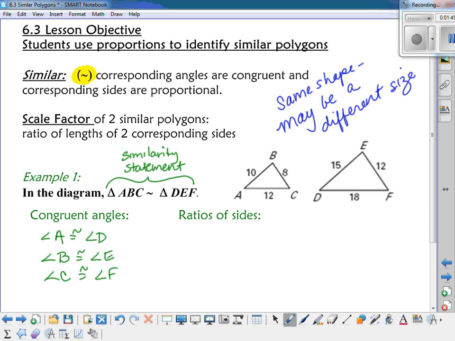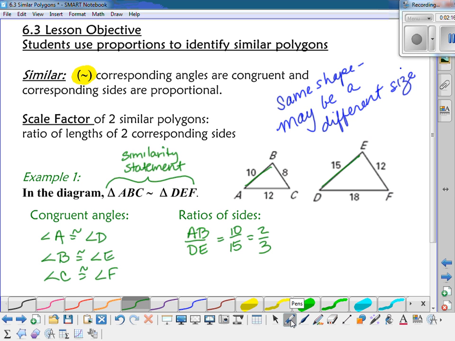Now my sides aren't congruent, but they're proportional. So side AB corresponds to side DE. So AB over DE, if I look at that ratio, I have 10 over 15, and that reduces to 2 over 3.